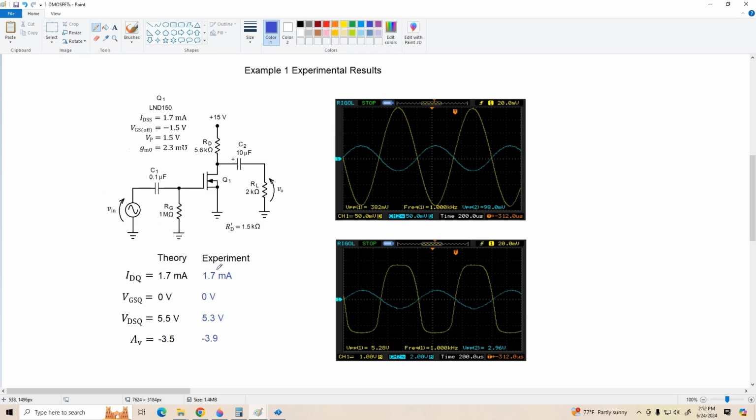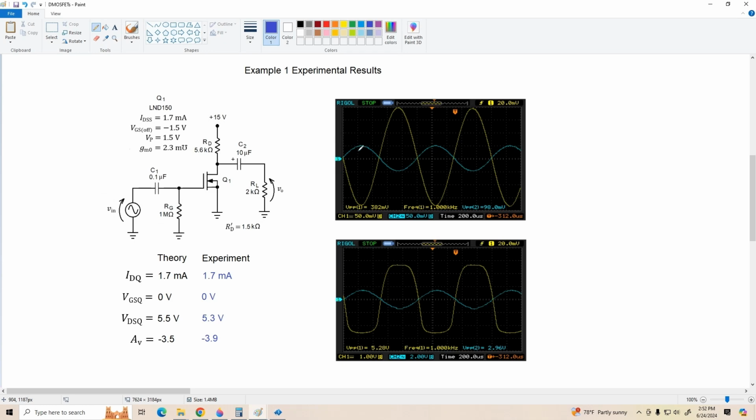The drain current came out right on the money, 1.7 milliamps. Of course, VGSQ is 0 volts. And my VDSQ was 5.3 volts versus 5.5, probably due to resistor tolerances more than anything. And the voltage gain actually came out a little bit better than expected, which is a little bit unusual, but very close to the predicted value.